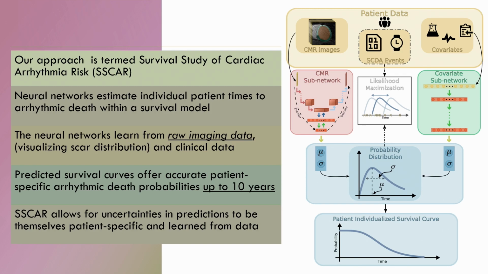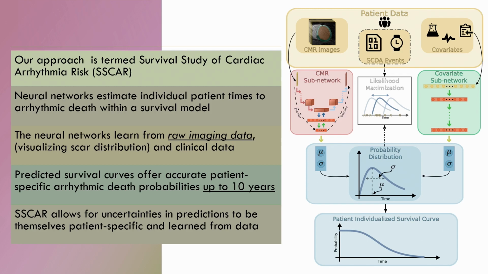So we decided to go, for the first time ever, with deep learning on raw clinical images. We provide the pixel intensity and then let the algorithm learn about the scar and its arrhythmogenic propensity. We also combine that with the clinical covariates. This is a different neural network, and we combined all that in a survival analysis.